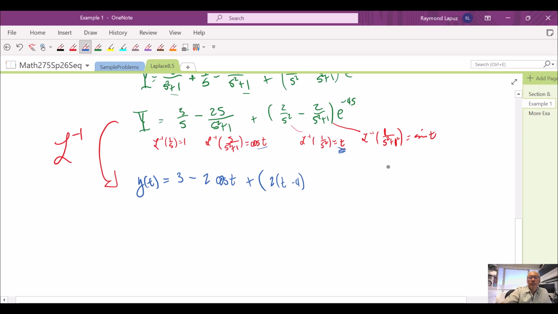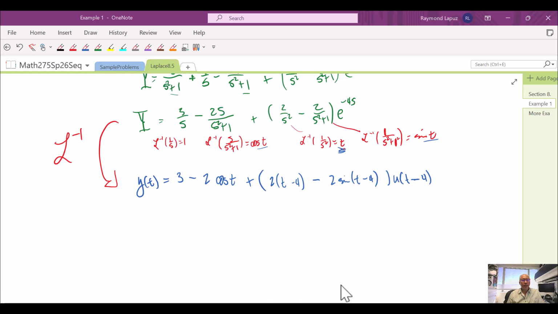T minus 4, times u of t minus 4. So that's the first one, and then the next one is going to be a 2, and then it's sine t, but remember the shift t minus 4, and then that's it. We close that off. All right, that is our setup.